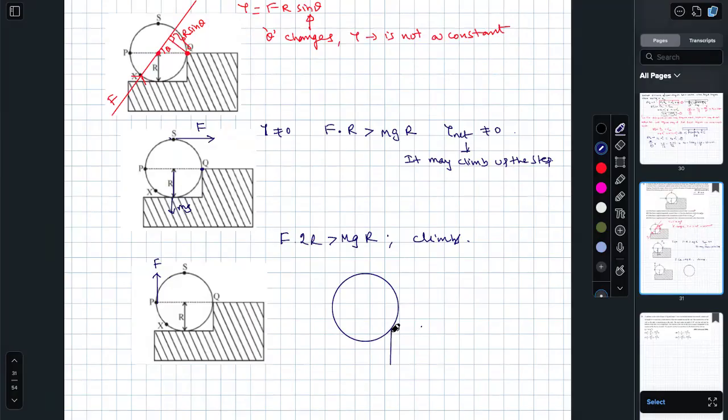We have reached here, for example, and you reached this point, for example. In this case, this is still tangent.